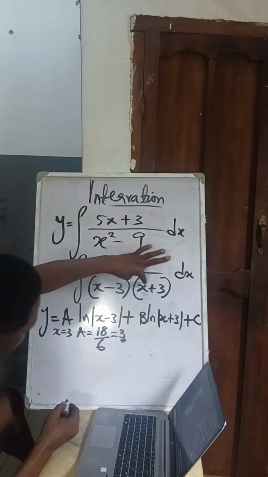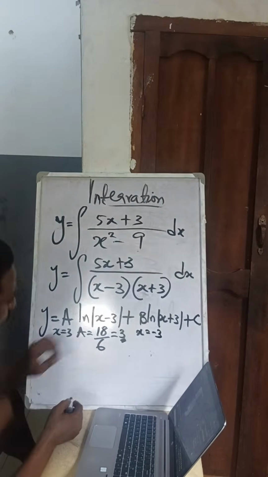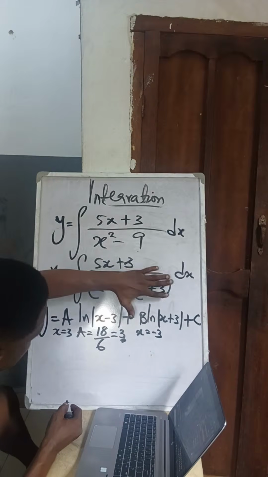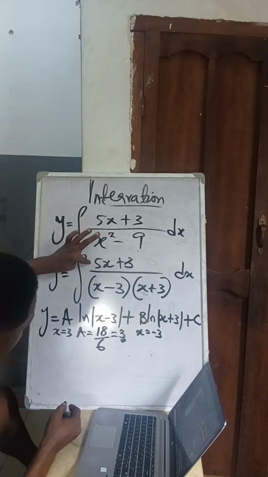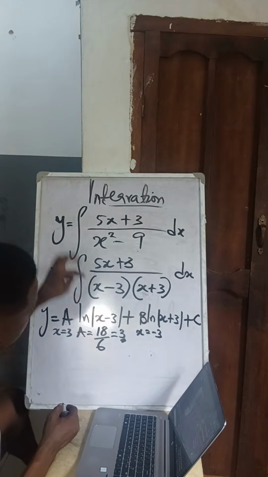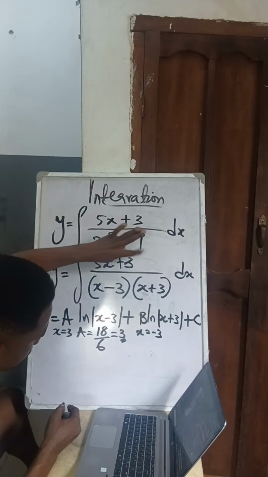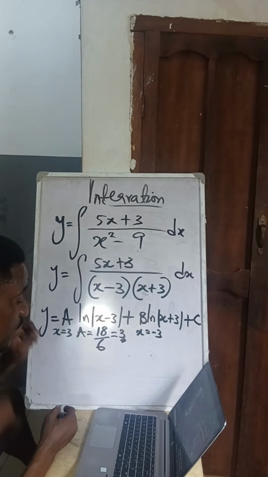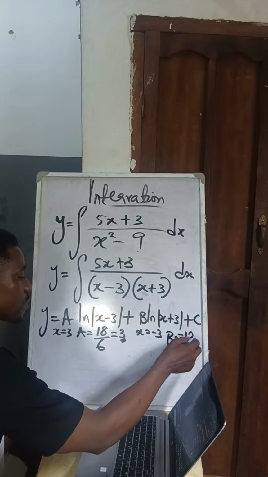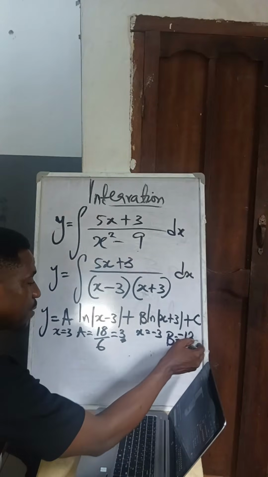Now, we go to this x plus 3. That means x is equal to minus 3 for x plus 3 to be 0. Now, put this minus 3 in all of this except x plus 3. So 5 times minus 3 is minus 15. So minus 15 plus 3 will give us minus 12. So our B is equal to minus 12 over minus 3 minus 3, which is minus 6.